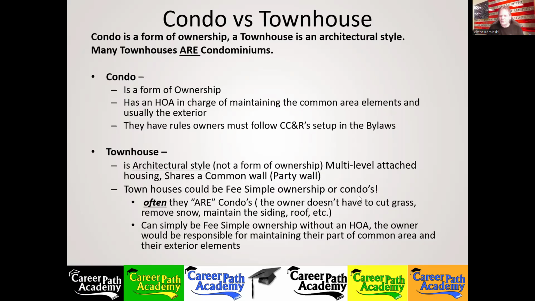Townhouses could be fee simple ownership or they can be condos. And often they are condos, where the owner doesn't have to cut the grass or maintain the exterior of the building. They could be fee simple ownership without an HOA, or they could be responsible for maintaining their part of the common area and the exterior elements.